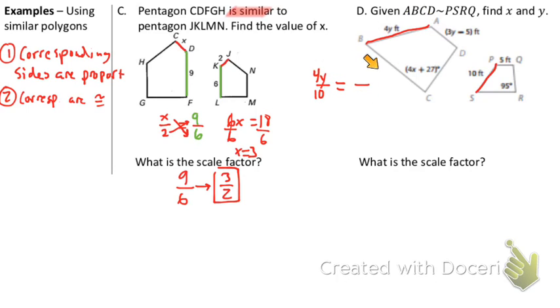Okay? So now I got to set up another fraction. So if you look, the only other side measure that we have is AD. And AD, if you look, AD matches PQ. So it's going to match 5. So AD is 3y minus 5.